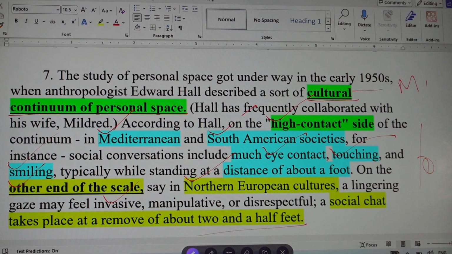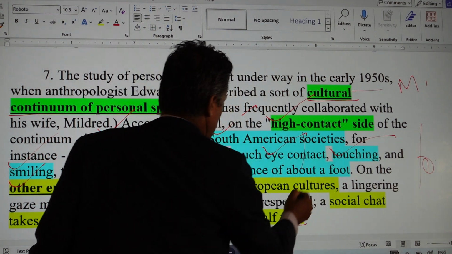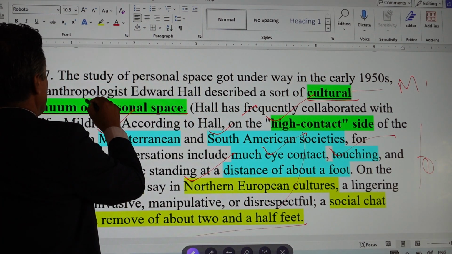I showed you earlier. He was the main idea and they were details. Why? They were supporting. And how to know? That idea which is being supported by other ideas is the main idea. There is something called the therefore test. For example, read this and find, therefore cultures have continuum.